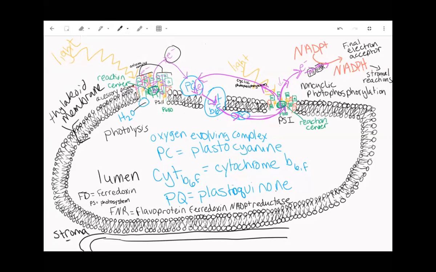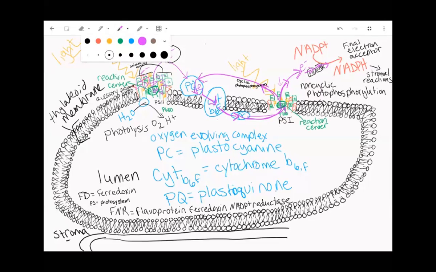So H2O gets picked up by the oxygen evolving complex. And what we're going to get out of that are some protons, oxygen, and the protons are positive, so what happened to our little negative guys?